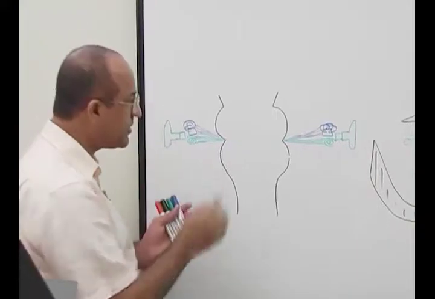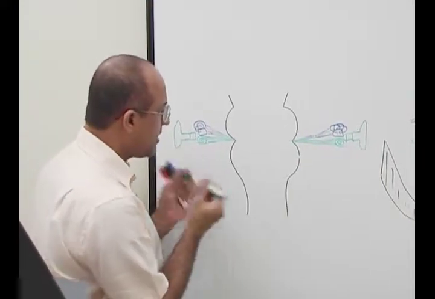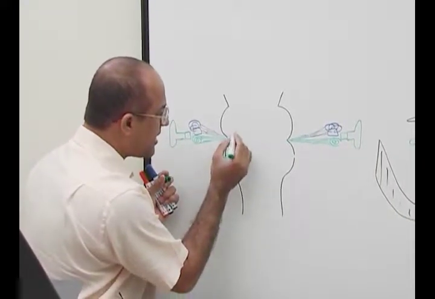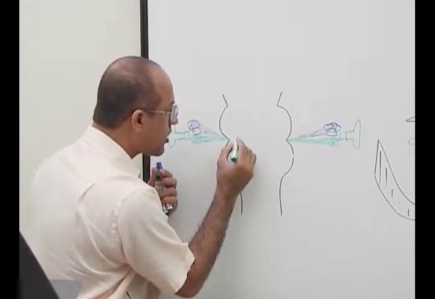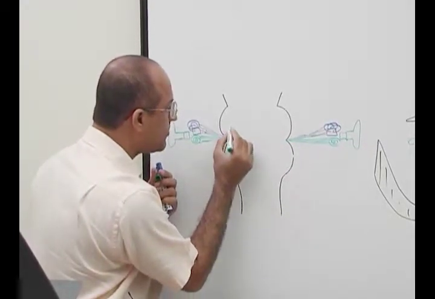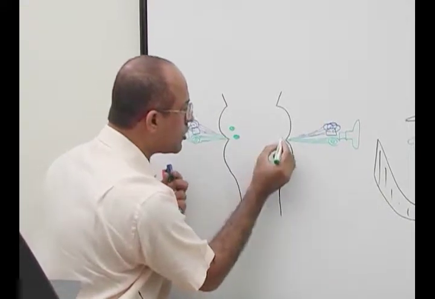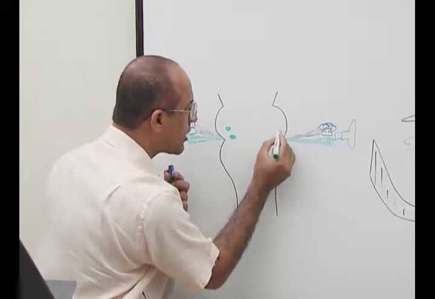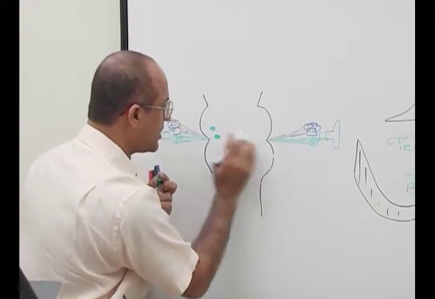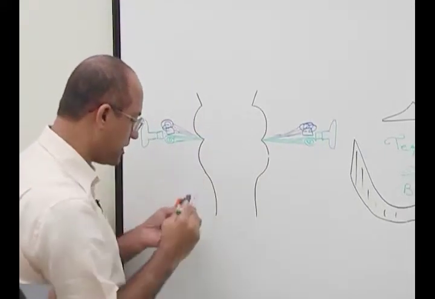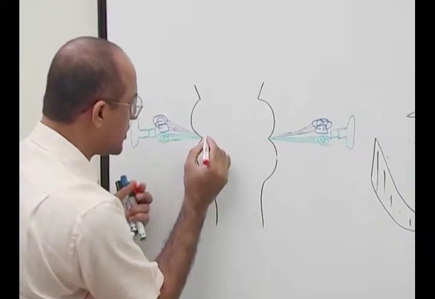Now what really happens from here, you have to understand that in the pons there are ventral cochlear nuclei and there are dorsal cochlear nuclei. I will make them with a different color so that you can appreciate that.